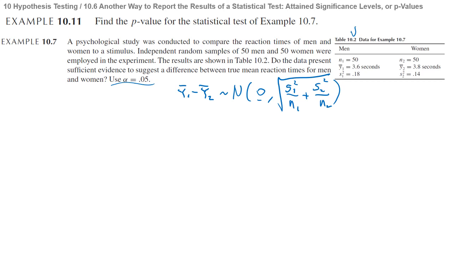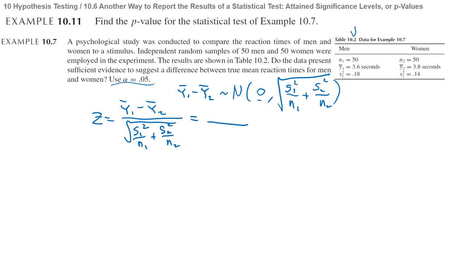And so our test statistic z is defined as y1 bar minus y2 bar divided by the square root of s1 square over n1 plus s2 square over n2. Okay, and we can calculate this z value.